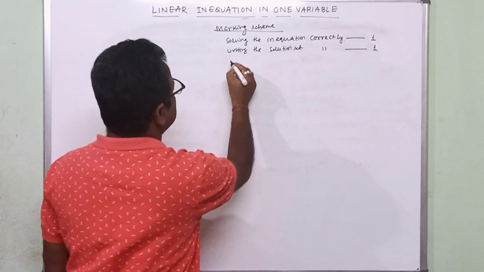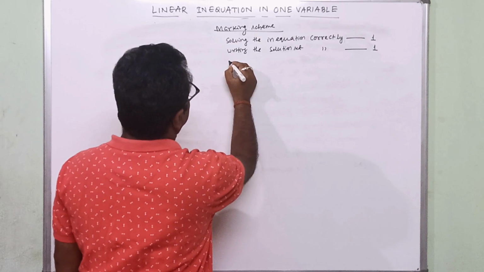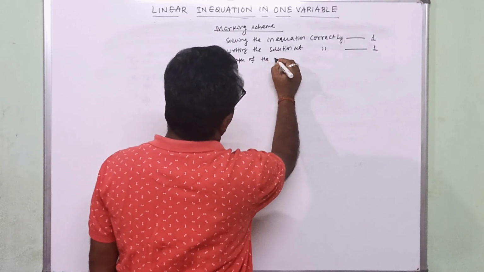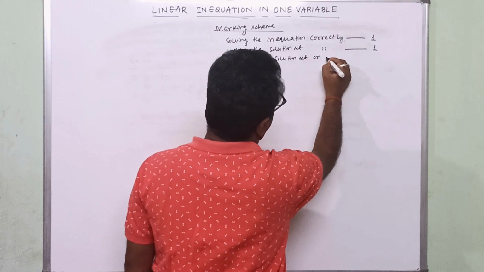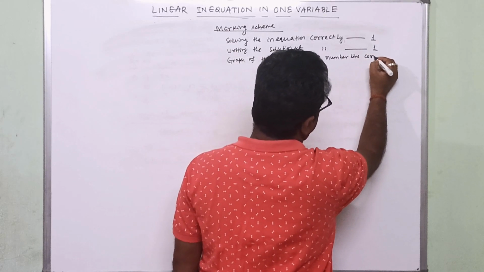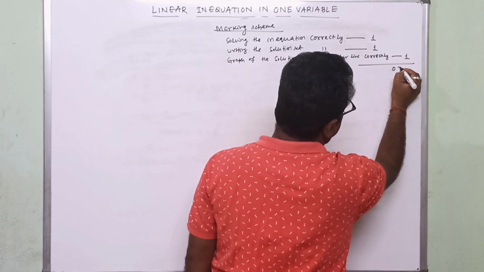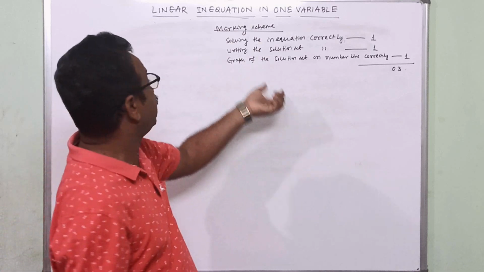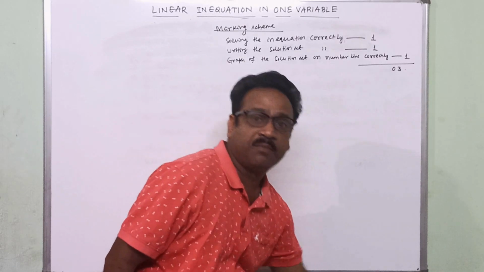Third, the graph of the solution set on the number line correctly, that is 1 mark. Total 3 marks. This is the marking scheme of linear inequation in one variable. So be careful about the marking scheme.